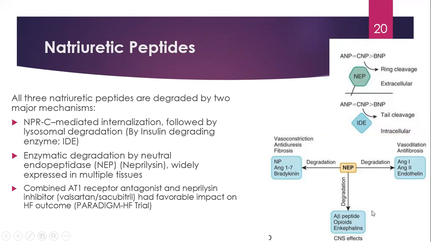So if you have very widespread inhibition of this enzyme, you can have a lot of deleterious effects, especially in the CNS. In fact, some studies have shown that activating CNS neprilysin can actually prevent Alzheimer's in some patients because it helps to degrade amyloid beta peptide, all right? So you don't want widespread inhibition of your neprilysin, especially in the CNS, okay?